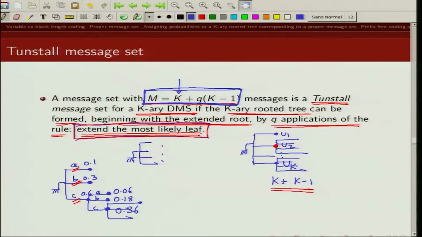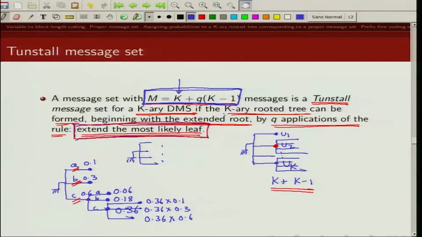And again similarly, the probability of this node is 0.36 into 0.1. So this is 0.36 into 0.1, this is 0.36 into 0.3, and this is 0.36 into 0.6. And this process continues. If I extend the leaves in this particular fashion, if I construct my proper message set in this fashion, then it is known as a Tunstall message set.